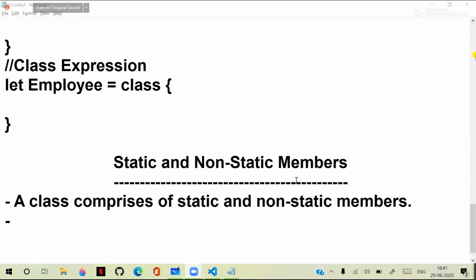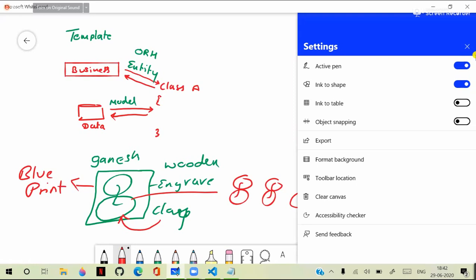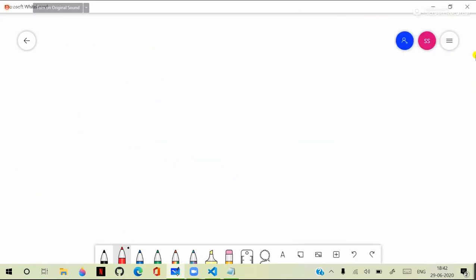Let me tell my story of what is static and non-static technically. One basic thing you need to know, I will show you with proof. Actually, the term static and the term non-static is actually dynamic.